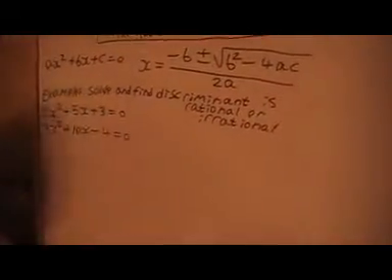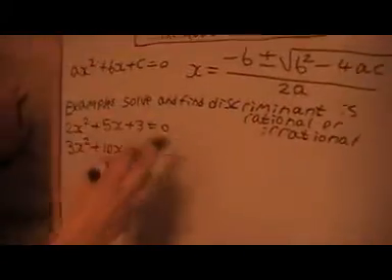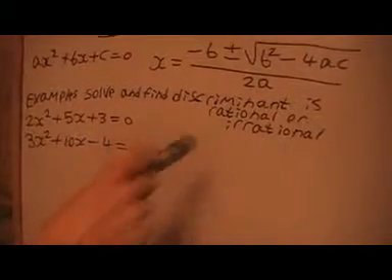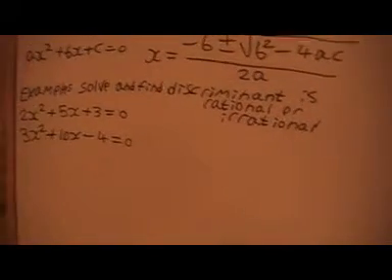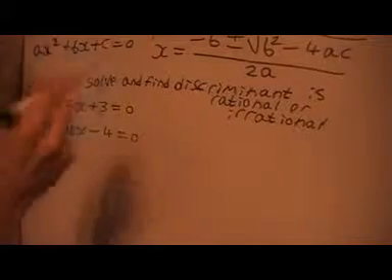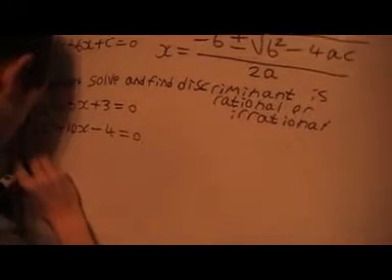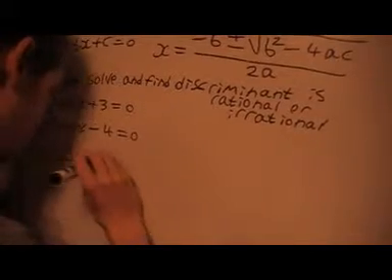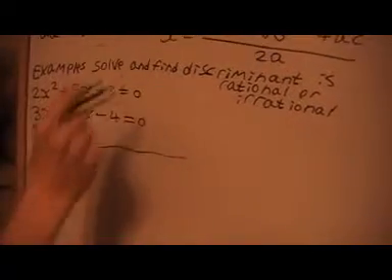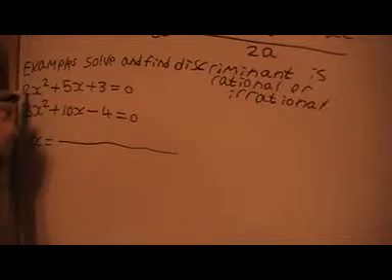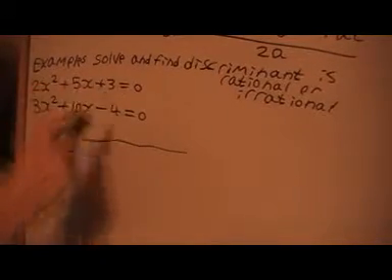So in these examples, this is what I want to do. I want to solve them and find the discriminant and see if it's rational or irrational. So we'll get the discriminant anyway, so we're just going to use the formula. I'm putting these numbers in. This one here is a, this is b, and this is c.